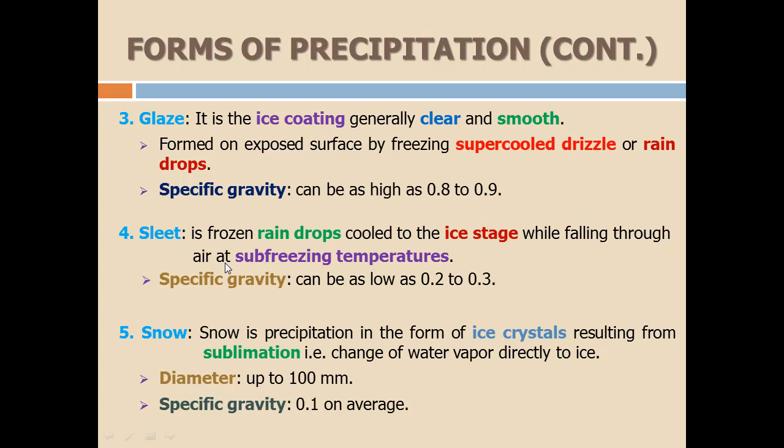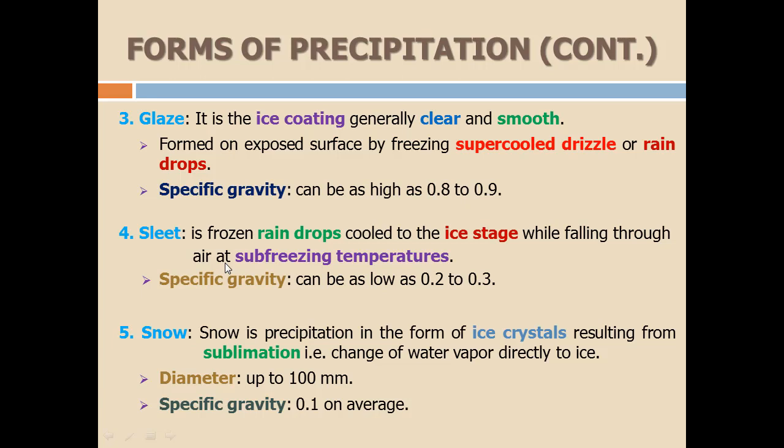And the specific gravity of the sleet particle is as low as 0.2 to 0.3. What does it mean? When liquid water converts to solid form, its specific gravity becomes lower, like 0.1, 0.2, 0.3.